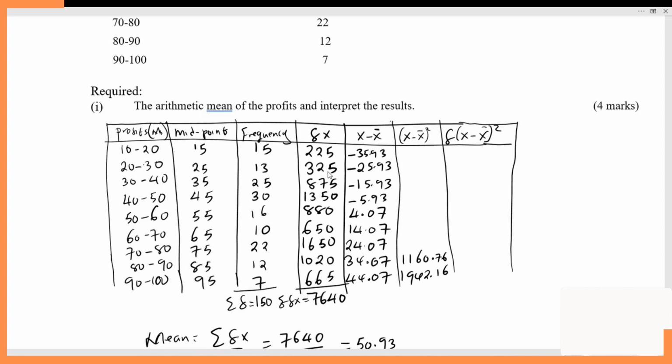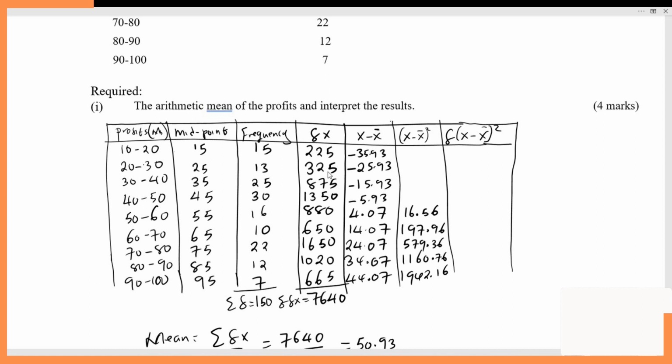Then 24.07 squared gives me 579.36. 14.07 squared gives me 197.96. Then 4.07 squared gives me 16.56.